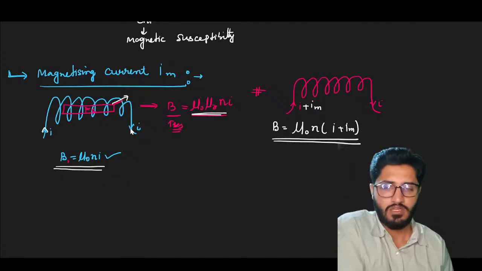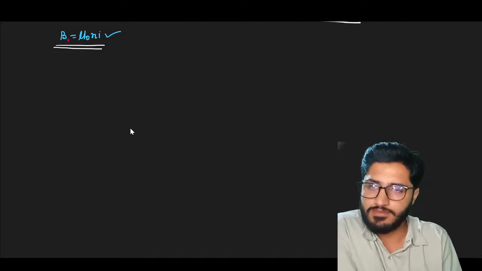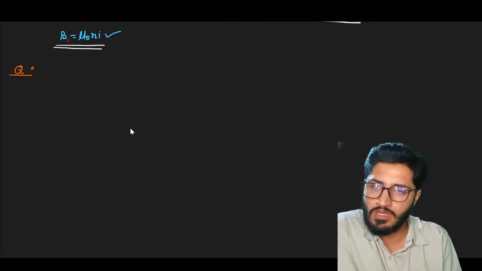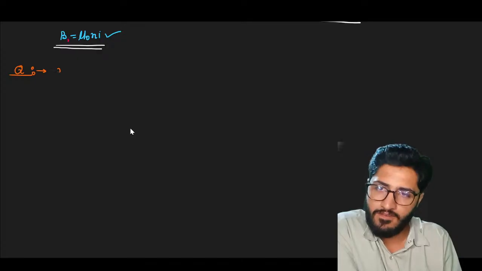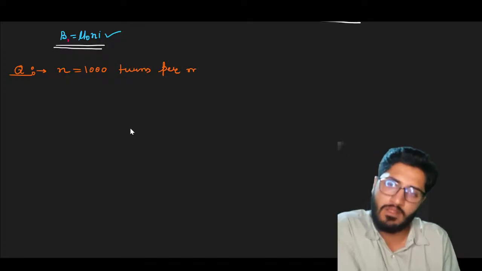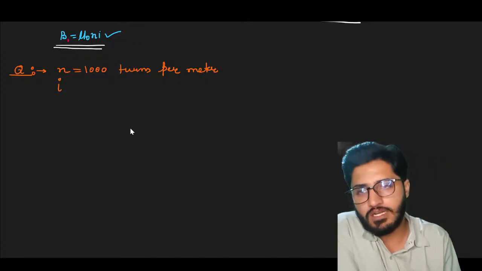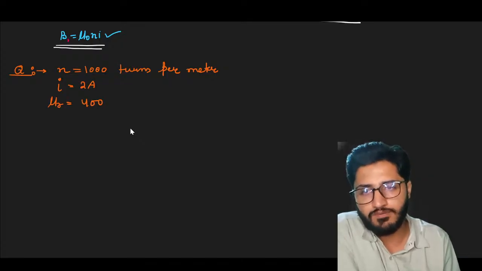Okay. So let us do a numerical. If we are having a loop with 1000 turns per meter, and current I is 2 ampere, mu R is 400.